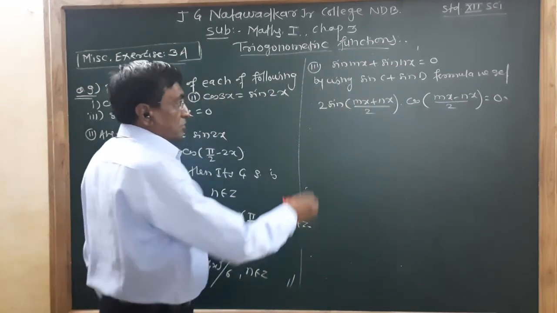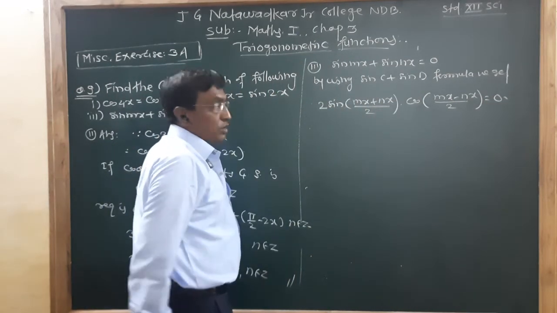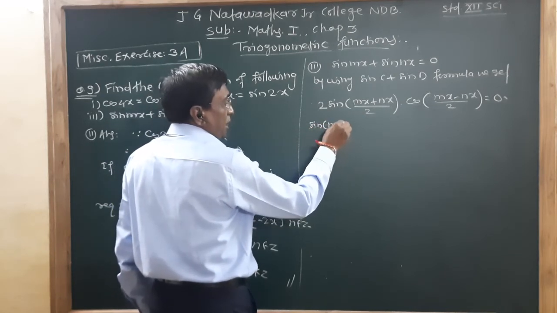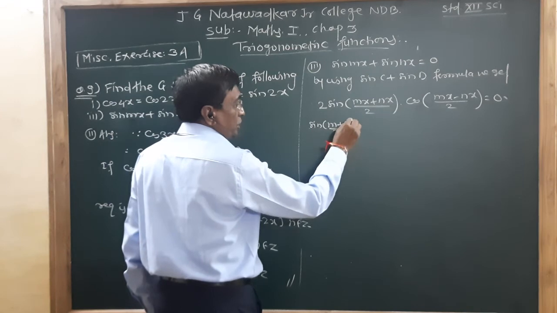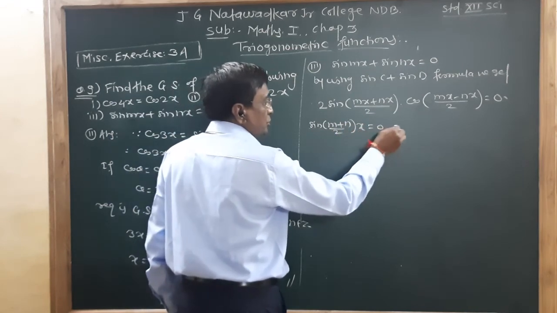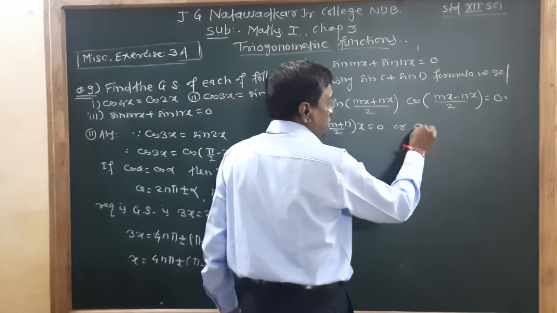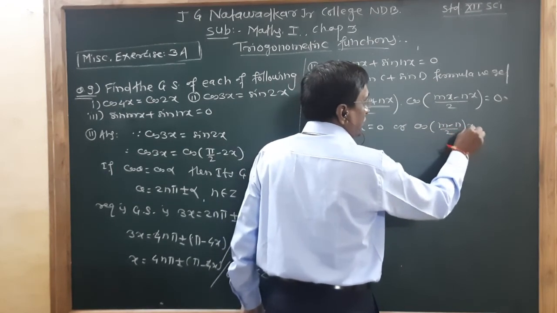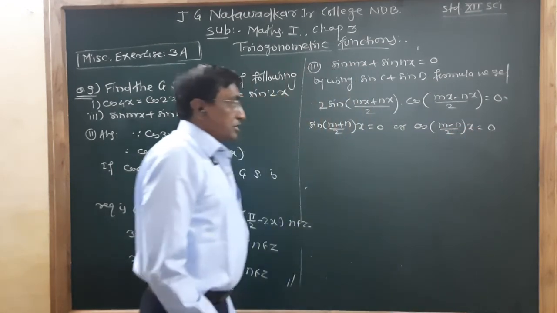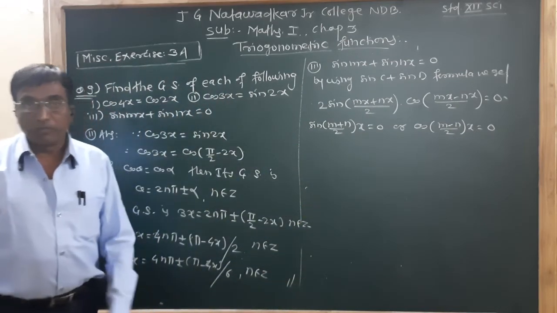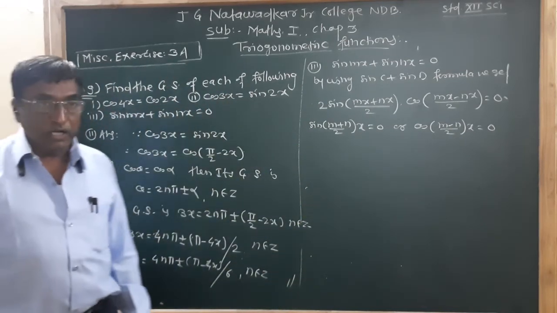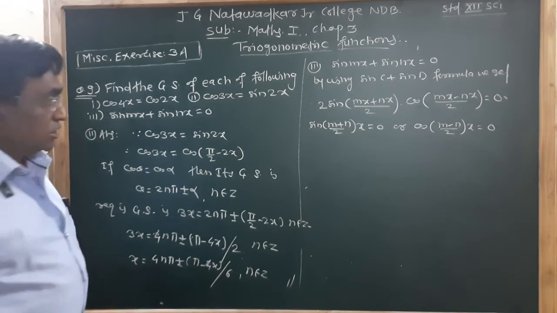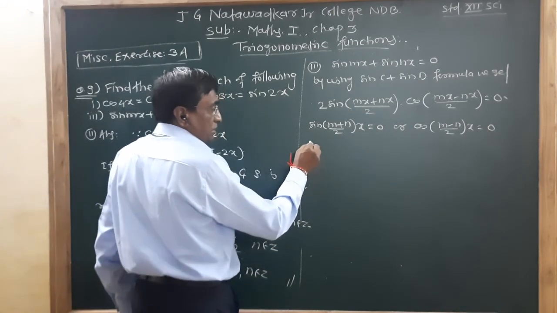Now transfer the 2 to the other side, and we get sin of (m plus n) upon 2 into x equal to 0, or cos of (m minus n) upon 2 into x equal to 0. So we have both of the standard forms, sin theta is equal to 0 and cos theta is equal to 0. You know the solution of these equations.